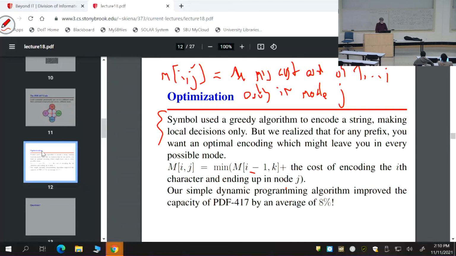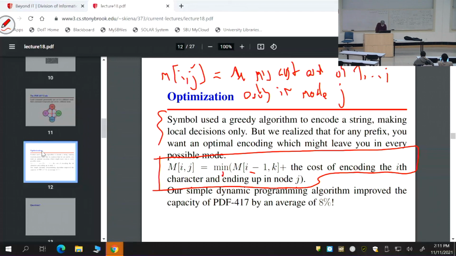This, I claim, would be helpful. We care about typing ultimately all n characters of the message. We don't care what mode we end up in, right? We don't care if you ended up in a punctuation mode, latched or not, so long as you typed out the whole thing. My claim then, the optimal encoding of your prison record is given by this. M sub ij is the min, okay, over all modes.